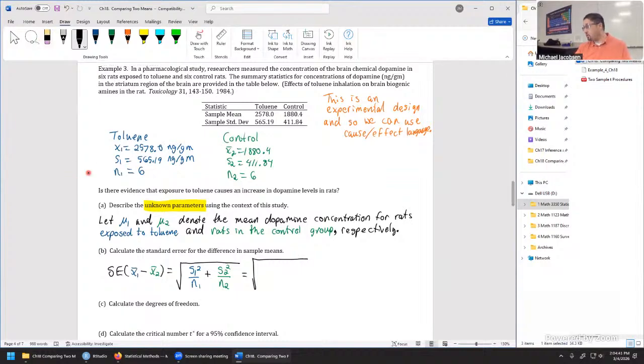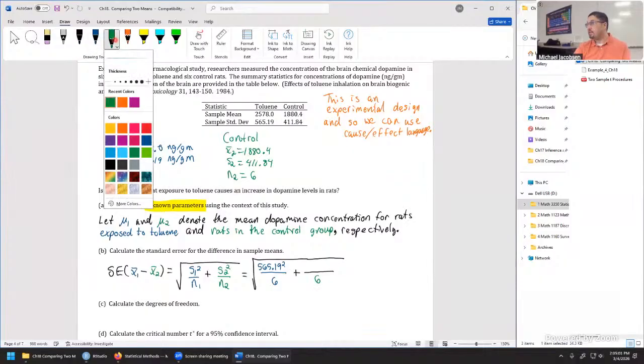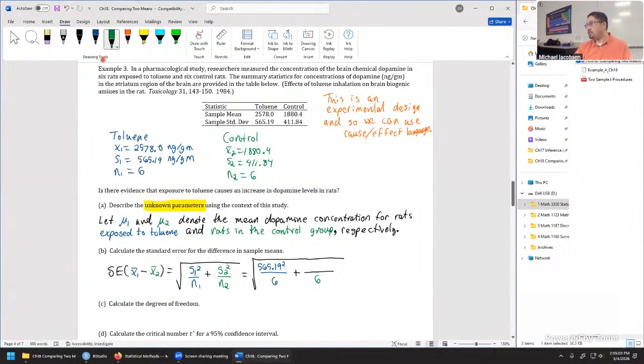On paper, here's what the even bigger square root looks like. For S1 squared, we're squaring 565.19, power 2, divide by sample size 1, which is just 6. Then go plus S2 squared, taking the 411.84, squaring it, divided by 6 in this denominator.